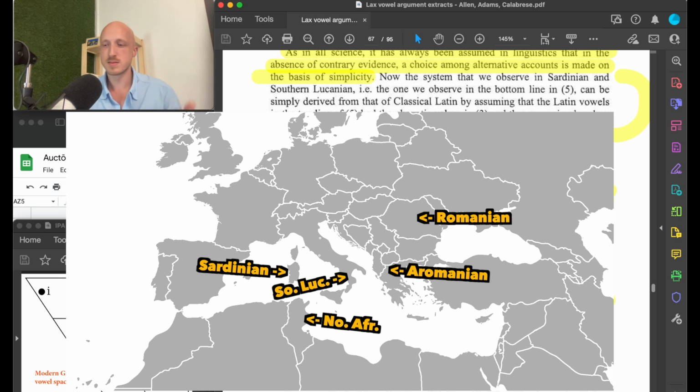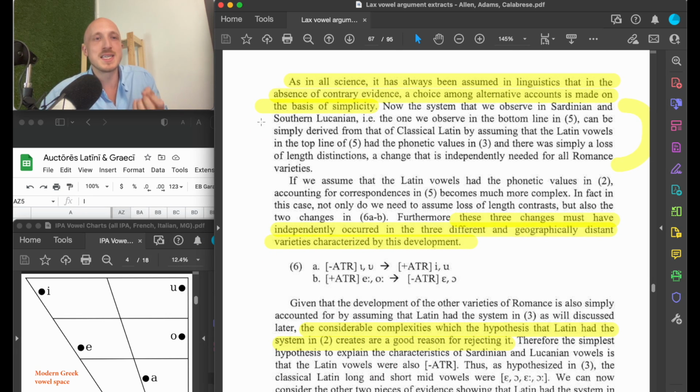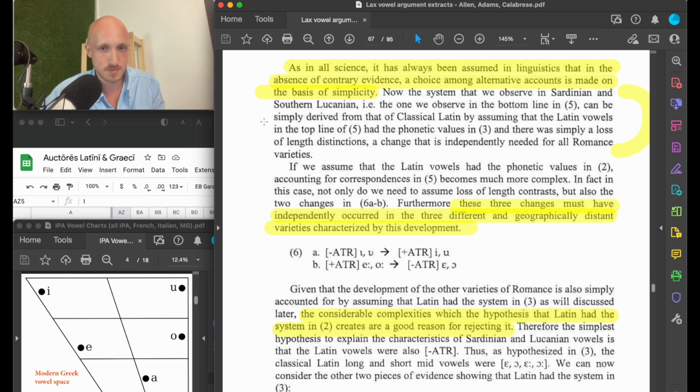This is, as he's trying to say here, as politely as possible, this is a statistical improbability, and it's simply not scientific. The Allen system, where we have these 9 qualities, is not supported by the Romance language evidence. It is vehemently contradicted by it.